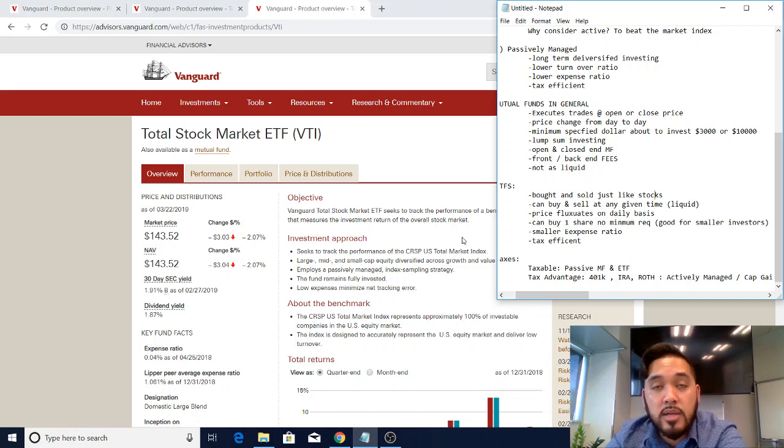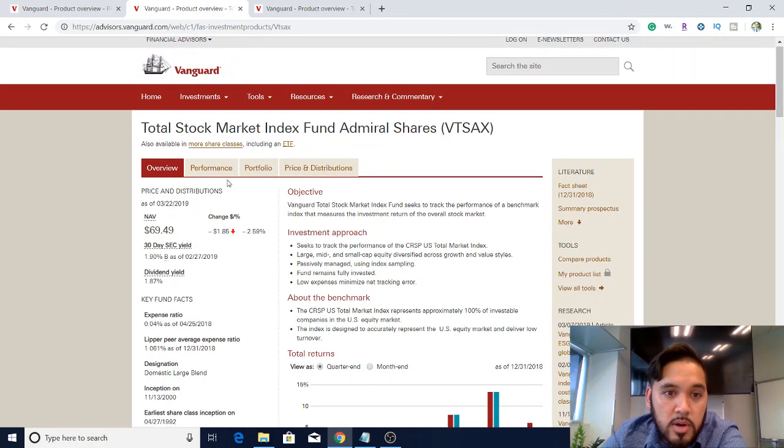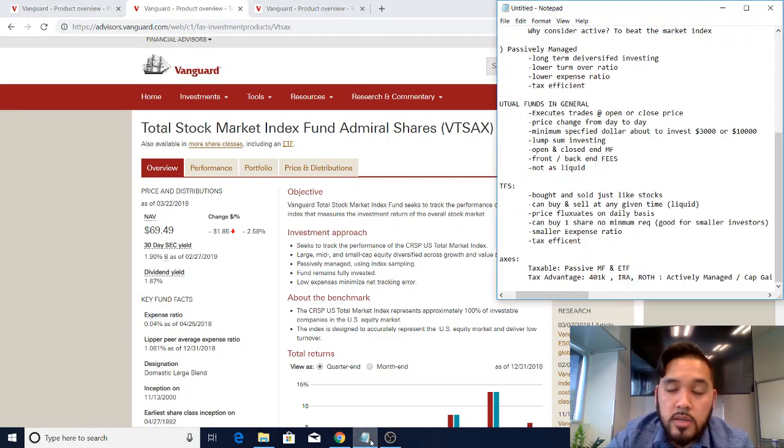So with a taxable account, whether it's just your regular brokerage account, you want to put passive mutual funds and ETFs like this one, either VTI or this one right over here, total stock market, because they're both passive and you don't really have to worry so much about the capital gains tax as well as the dividend tax implications.